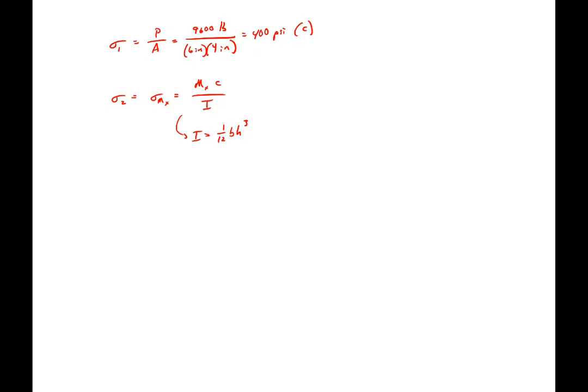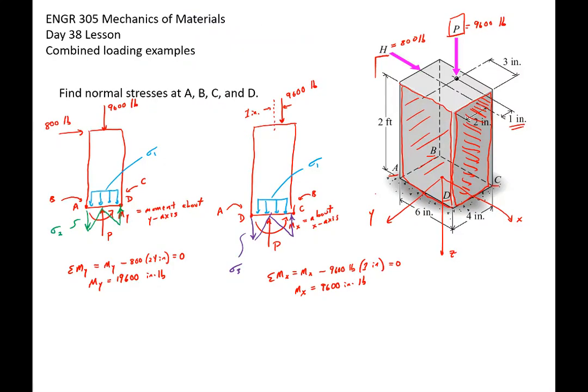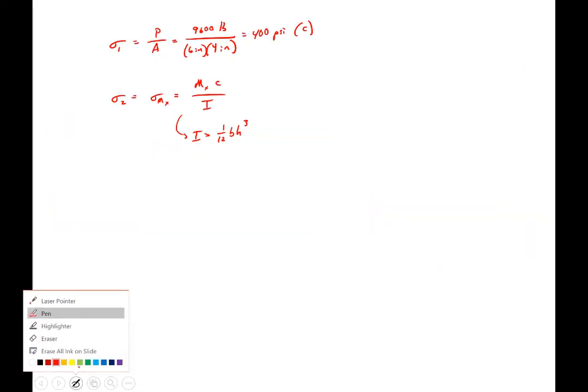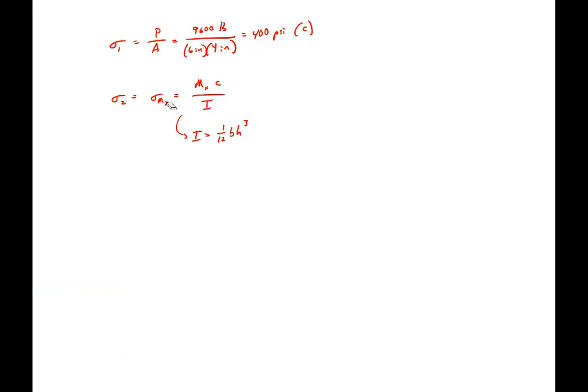Oh, did I just write that wrong? Yeah, my sigma 2, whoops. What I talked about as sigma 2 is bending about the y-axis. So, sorry about that. Let me correct that. Bending about the y-axis. So we're dealing with my.